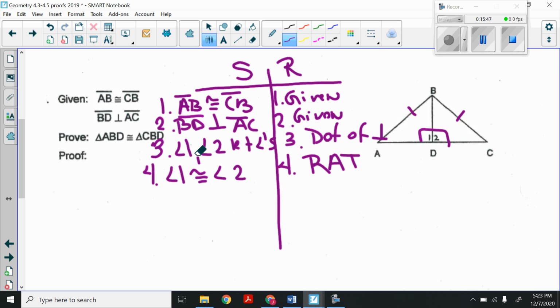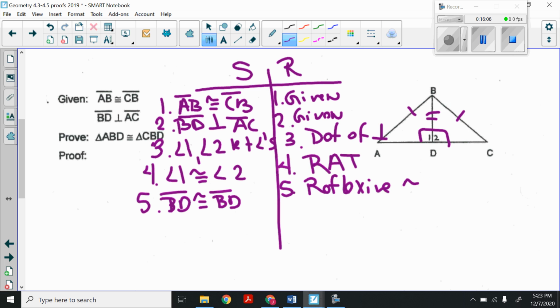Okay? So now I have two things. What's the third thing I know? This side. So segment BD is congruent to itself. That is the reflexive property of congruence.